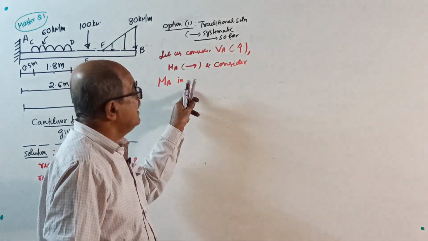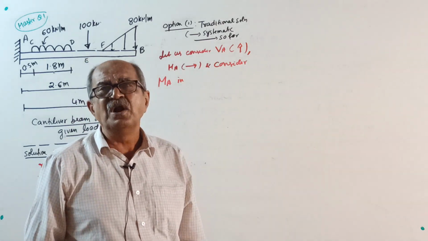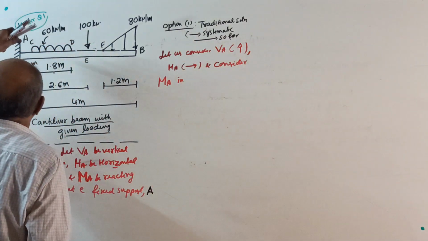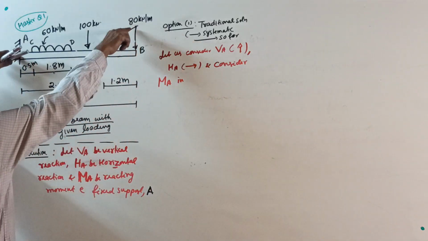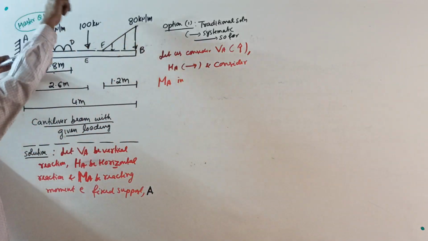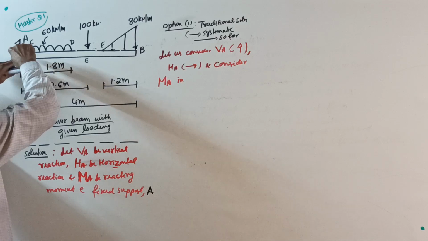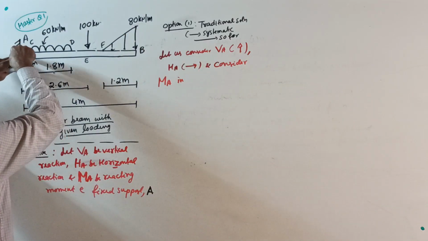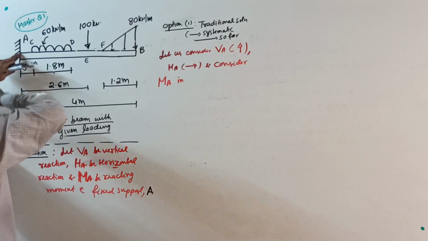You can take any direction, your choice, no restriction, but people should not laugh. What you do is, put your finger at the fixed support. Then all these loads will try to rotate the beam with respect to the fixed support A in clockwise direction.